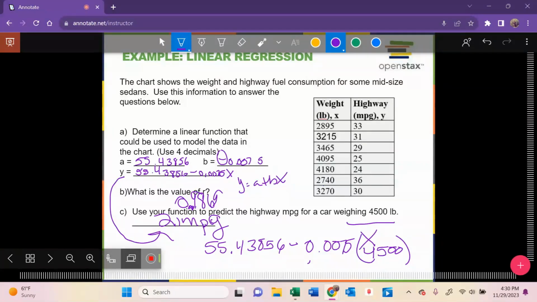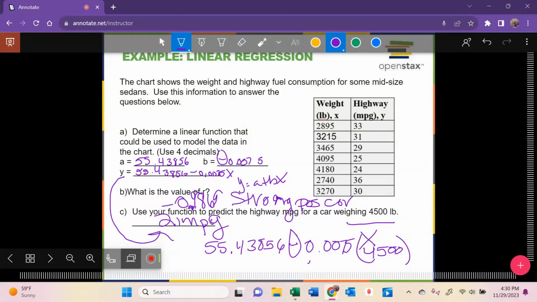Which means we have a strong positive correlation, because as the weight, this should be negative here. Excel is only going to give you positive answers for your R. Ours is negative because our slope is negative.